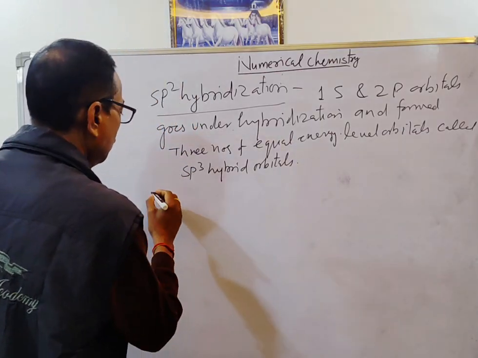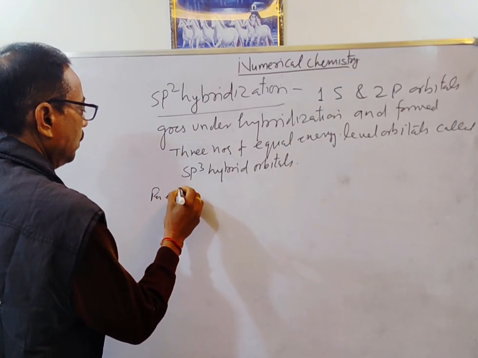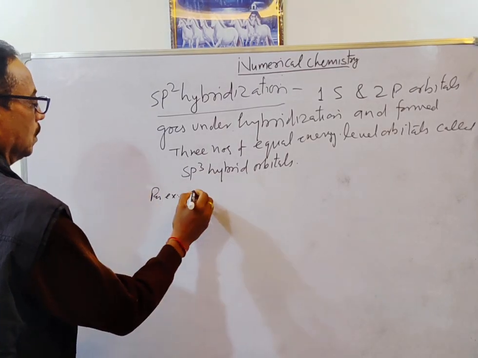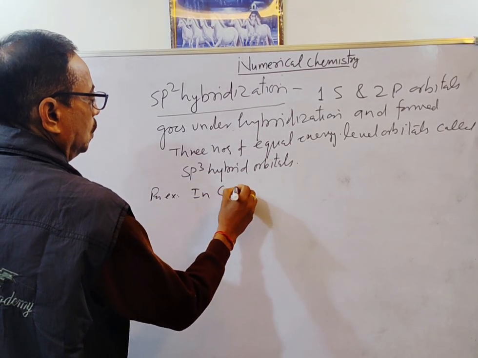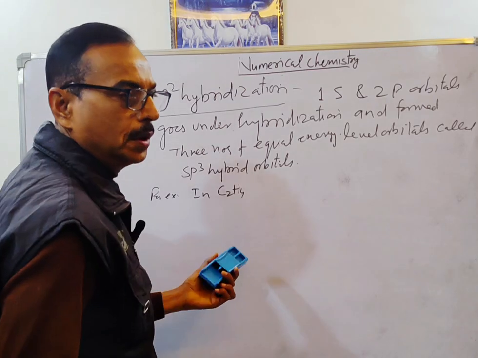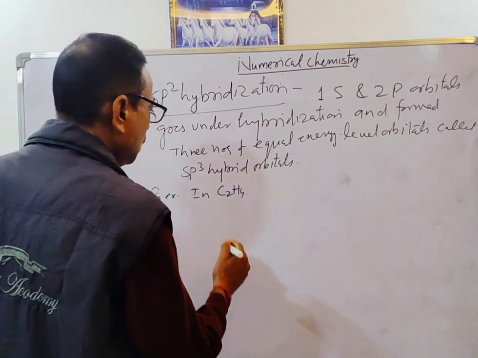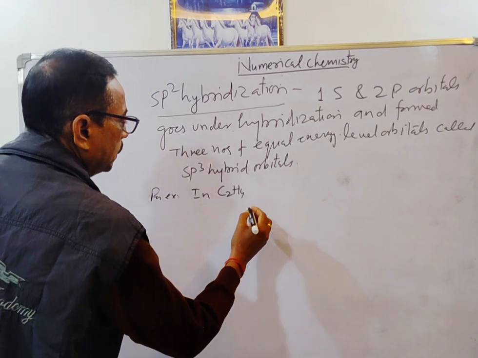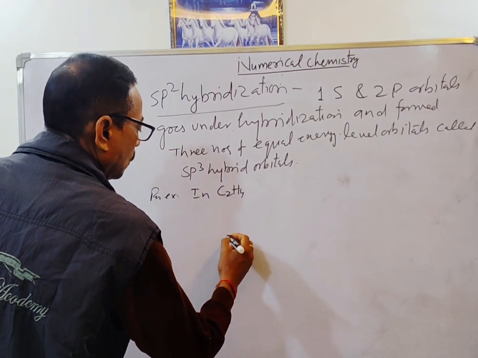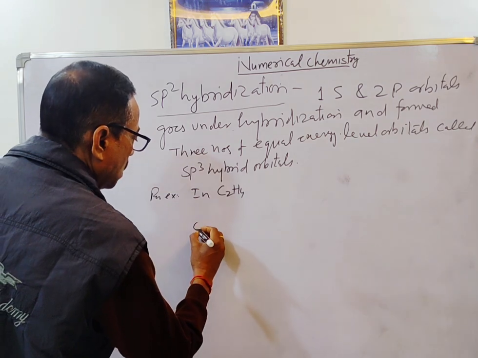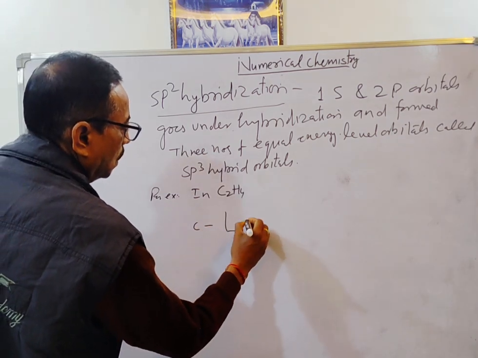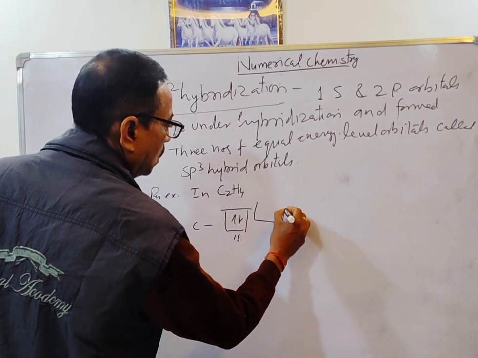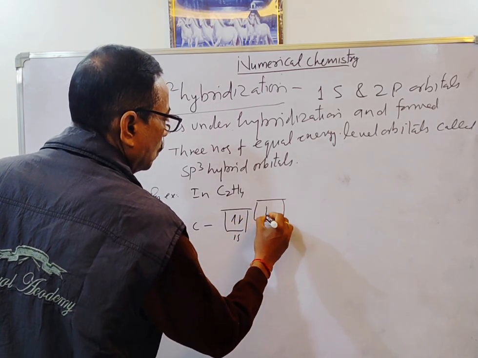Let us see, for example, C2H4, ethene. So here carbon, this is the ground state, 1s, 2s.